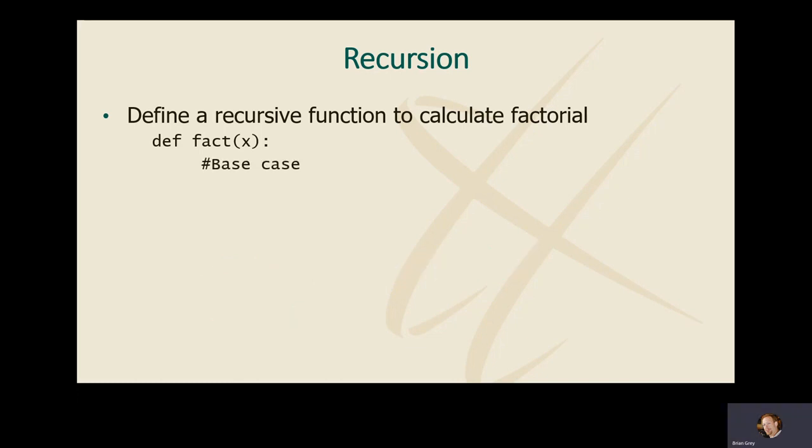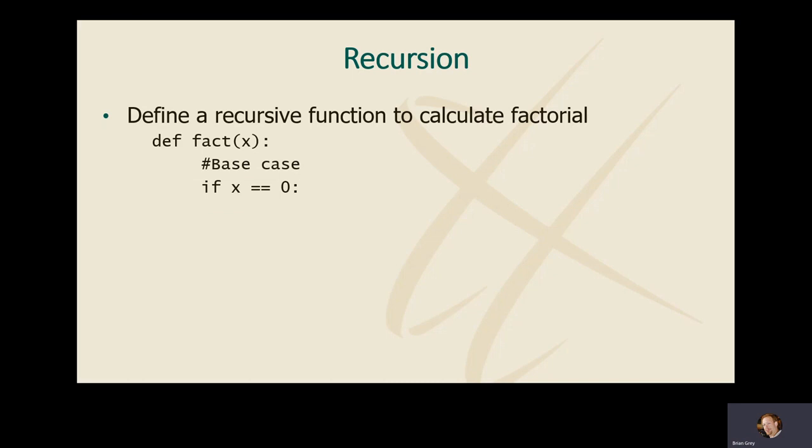So what is our base case? What is our simplest case? And I know that you are probably thinking, well, if x equals 1, right? That seems to make sense. But actually, factorial functions are defined for 0.